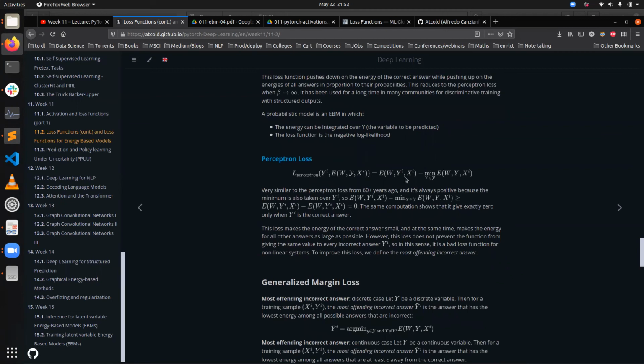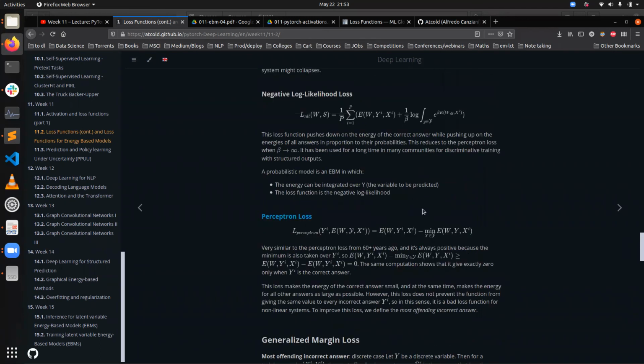Next is the perceptron loss. This is similar to the perceptron loss from 60 plus years ago. What this one tries to do is, this part is the same as what we saw here.